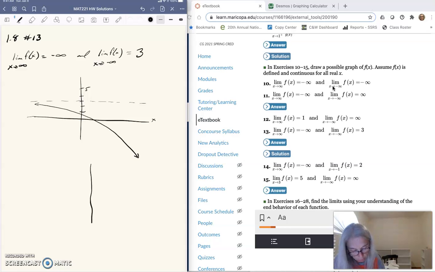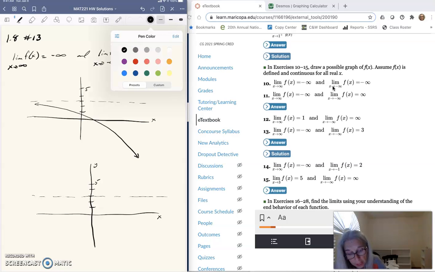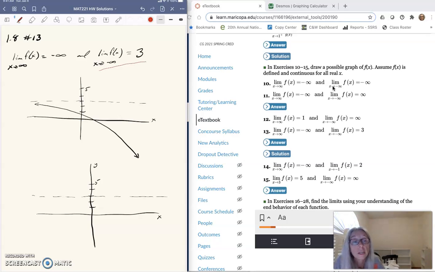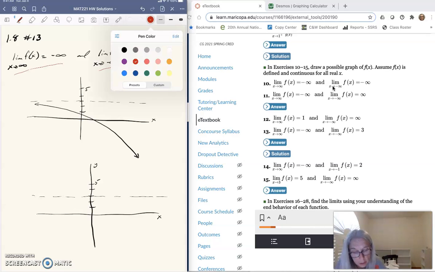All right, let me show you another way this graph could have looked. Remember, all the conditions we're told is that as x gets larger and larger in the negative direction, the output has to approach 3, and as x gets larger and larger in the positive direction, the output has to approach negative infinity.